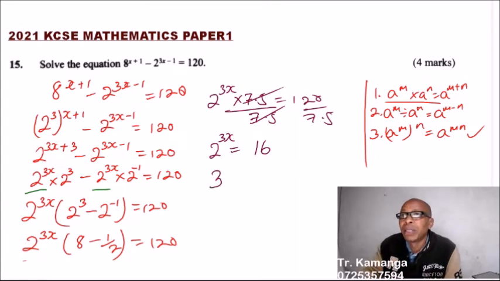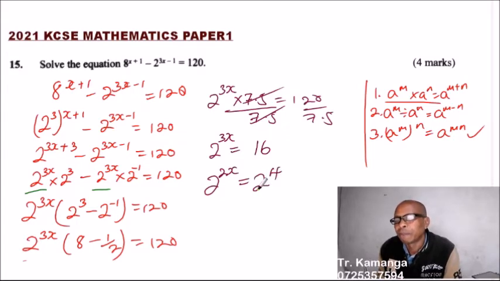So 2 to the power 3x is equal to 2 to the power 4. In indices, when we have a common base, then the indices are equal. So 3x is equal to 4. x is equal to 4 divided by 3. That is the answer.